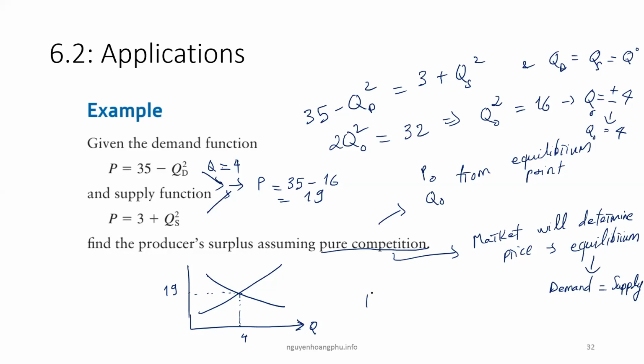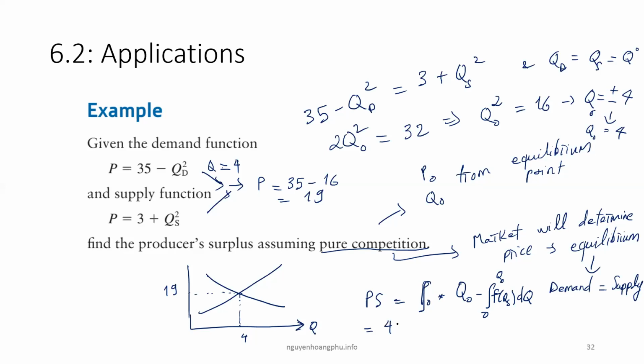So producer surplus will be equal to P0 multiplied by Q0 minus the integral from 0 to Q0 of F(Q_S) dQ, right?